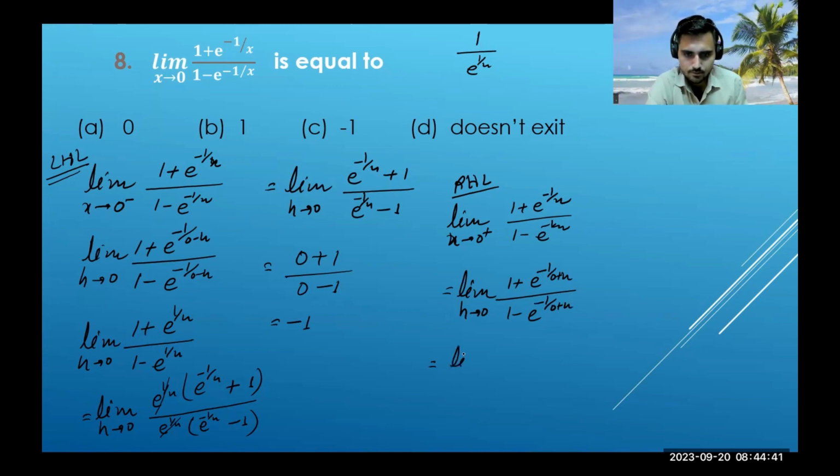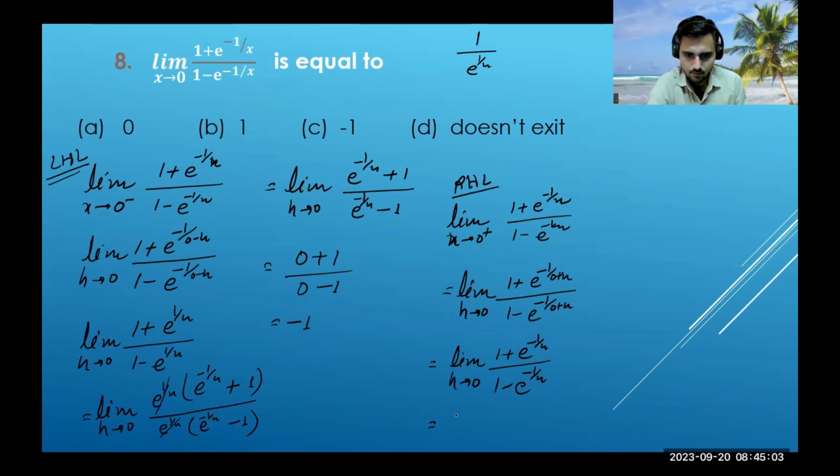Now limit h tends to 0, and 1 plus e raised to the power minus 1 upon 0 plus h, which is h, and minus e raised to the power minus 1 upon h. So now again we'll put a limit here.